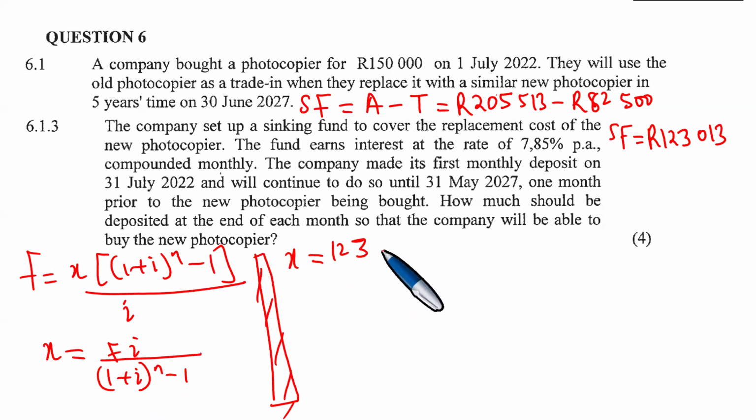One, two, three, 0, 1, 3. So now you're going to have exactly the following amount. So now this is going to be 123 multiplied by, just to lower it a little bit.